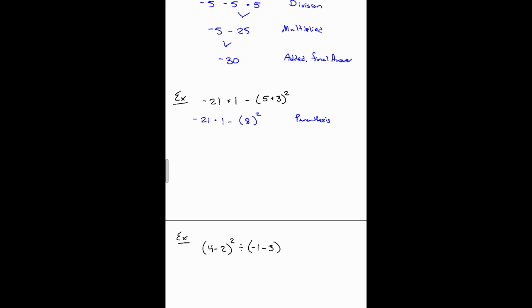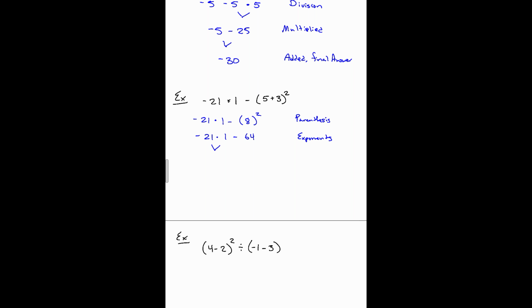And then now we have to take care of the exponents. Well, we have 8 to the second power, or 8 squared, which would be 64. So that would be negative 21 times 1 minus 64. And then we have subtraction and we have multiplication. Multiplication comes first.